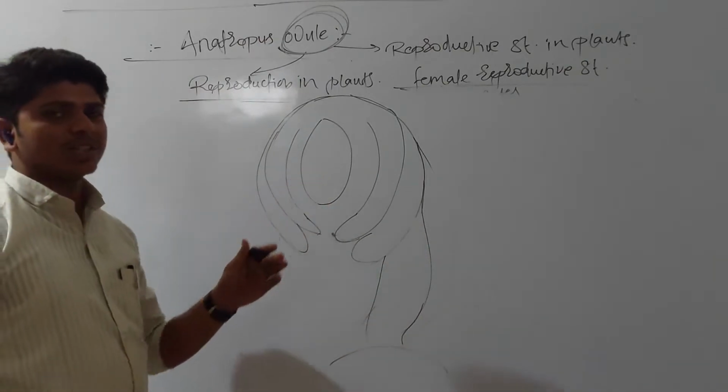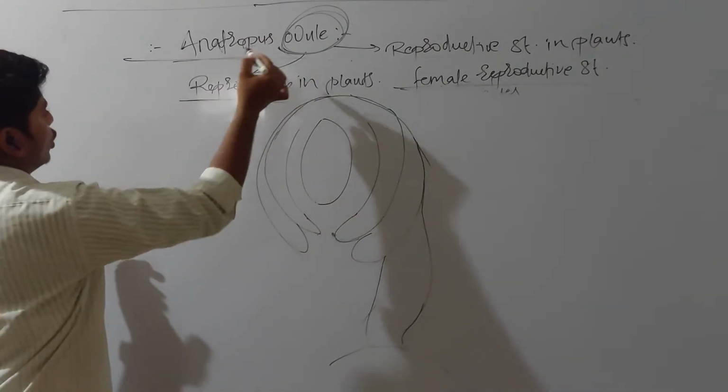This is how the structure of a typical anatropous ovule looks.